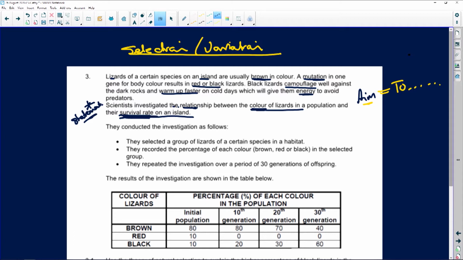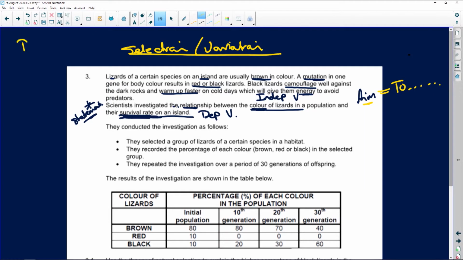But in the statement, we can pick up that the color of lizards is the independent variable, and survival rate is going to be the dependent variable. Remember your dependent variable, DROMI. Your dependent or resulting variable, let me write this down. Look here, DRMI.